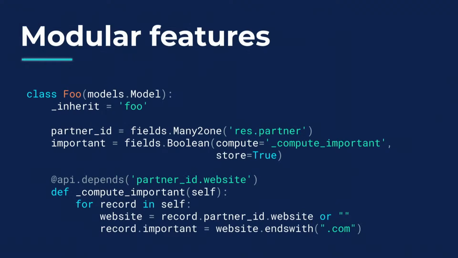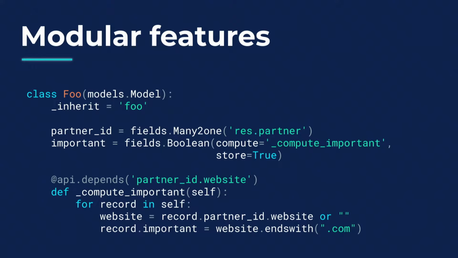Essentially, imagine you have a model called foo in whatever module, and you decide, in your own module, to extend that model and add two more fields, and the second one, for instance, is a computed field, and here's the code that computes the value of the field, and this part, the dependency, is actually a dependency injection.